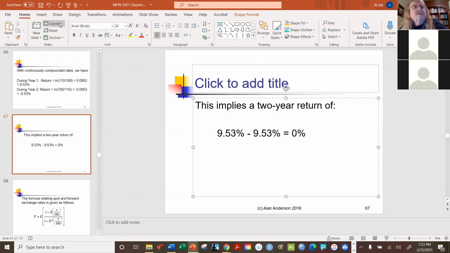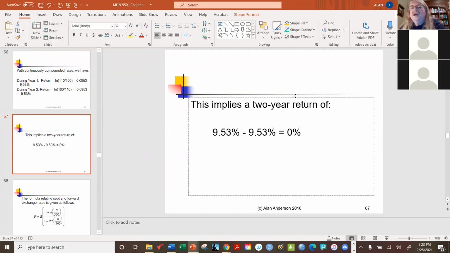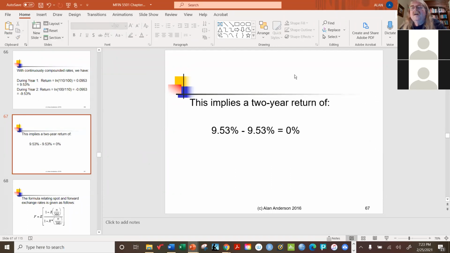So you can see there's a problem with discretely compounded rates. And so often continuously compounded rates are the preferred choice in the financial markets because you can see what happened here.